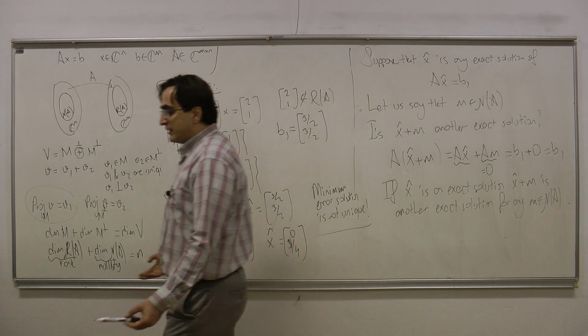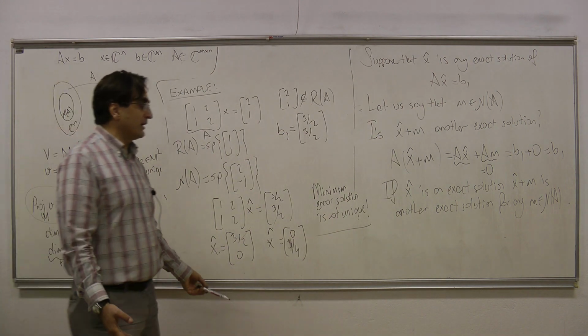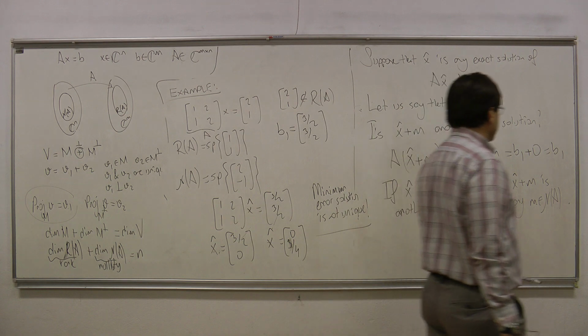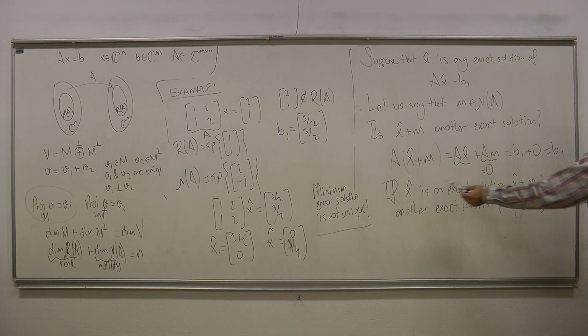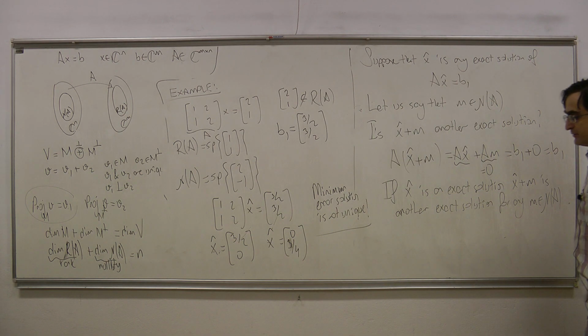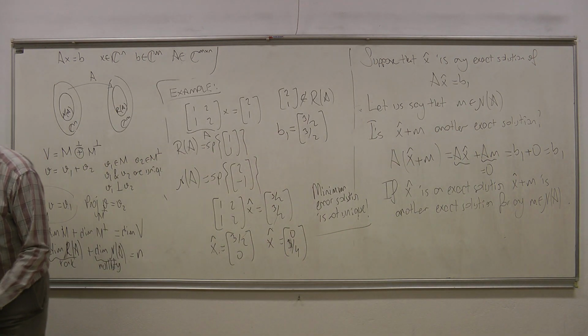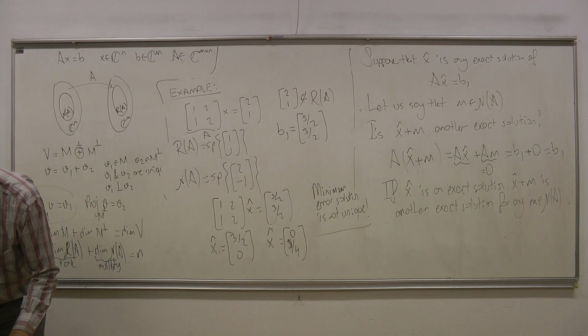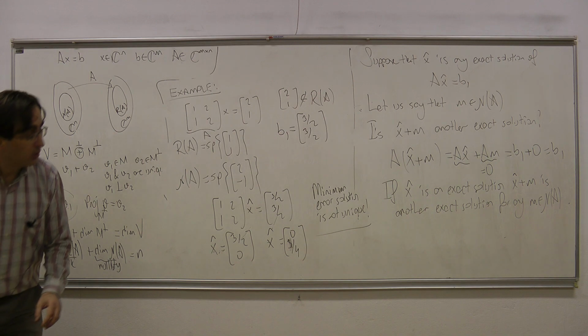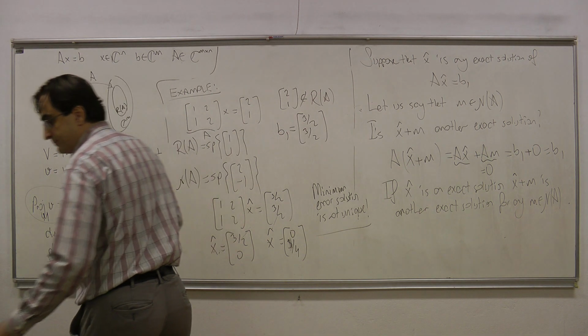On the other hand, if the null space of A contains some non-zero elements, then X set and X set plus M can be different, so there will be infinitely many solutions. Because in the null space of A, there would be infinitely many non-zero vectors.